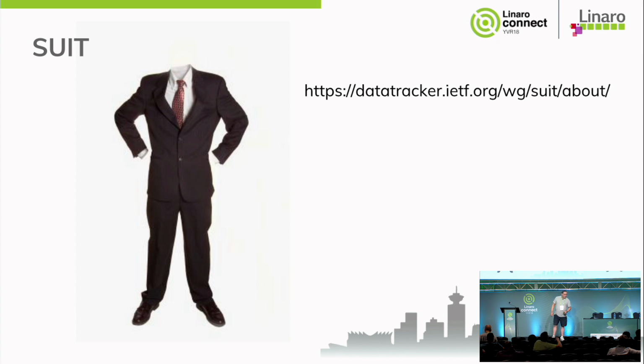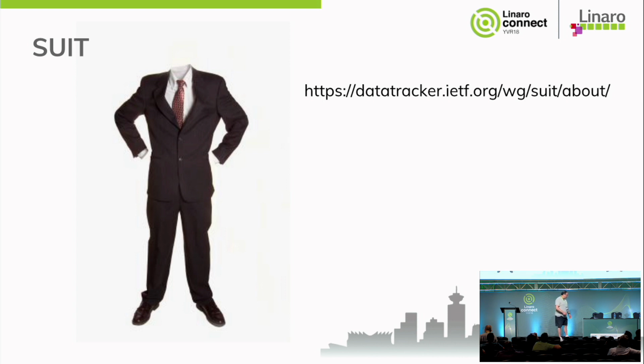I don't know if you know about this project called Suit. It was originally called FUD, for firmware update, and several people on the mailing list reported that if it was called that, they would be unable to use it. So they ended up changing the name to the Software Update for IoT, the Suit project.